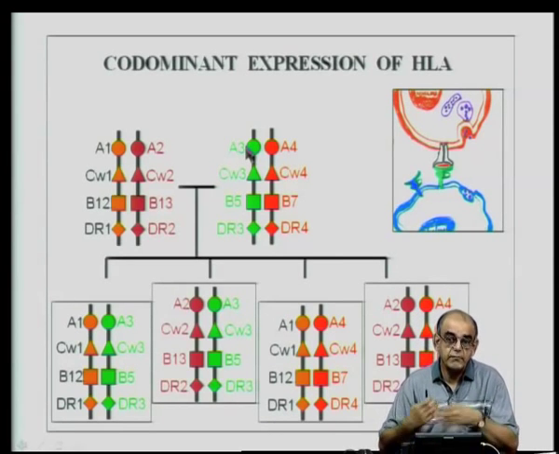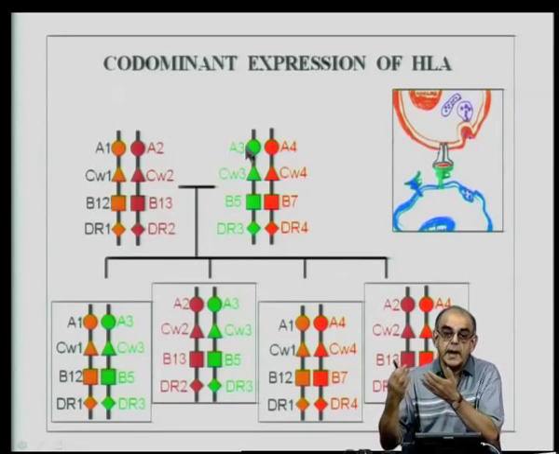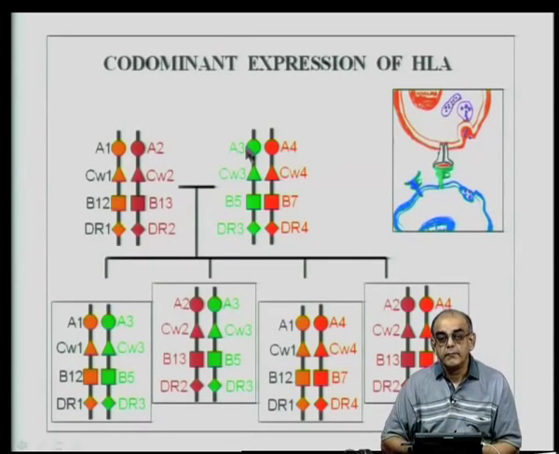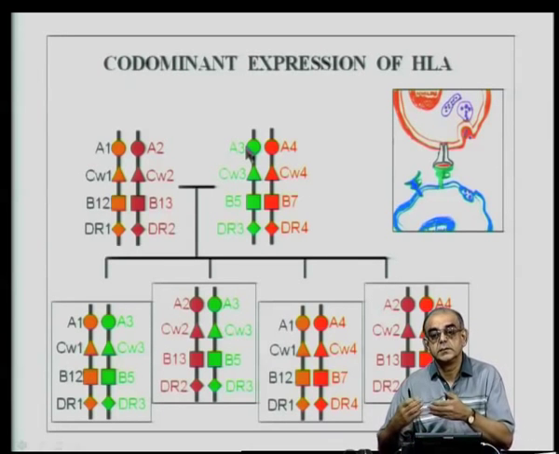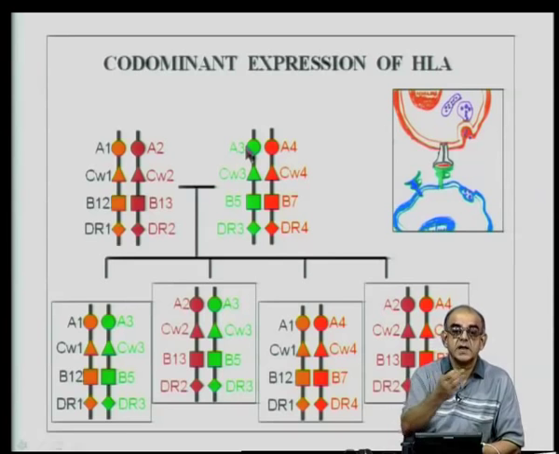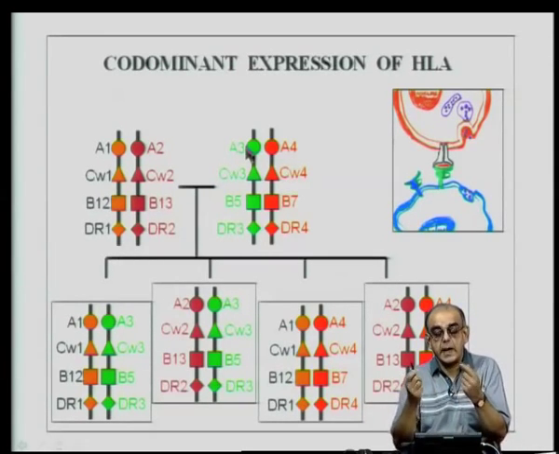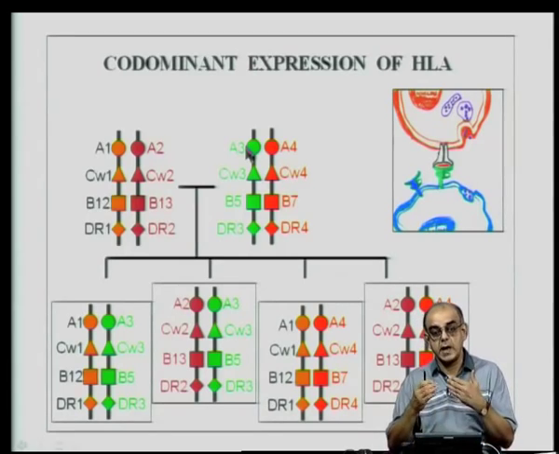A non-self MHC molecule, which is now an allo MHC molecule, with its bound peptide is recognized as a different MHC molecule that is bound to the peptide by self T cell receptors. So, that is the concept of allo recognition, which of course stimulates T cells in a much better way.